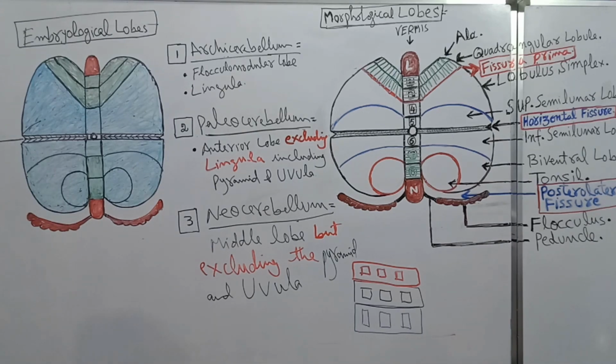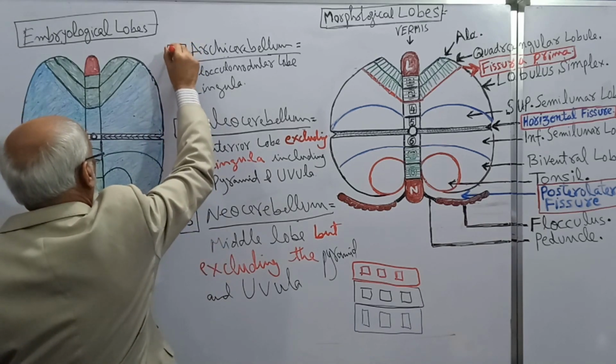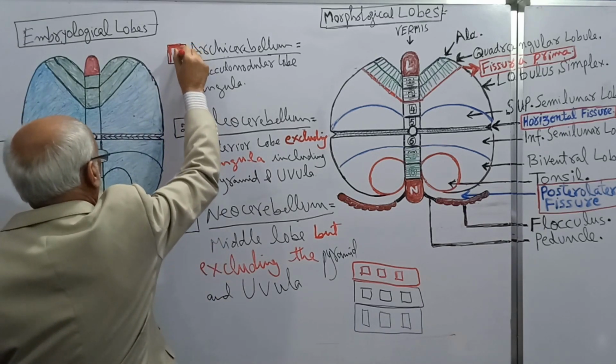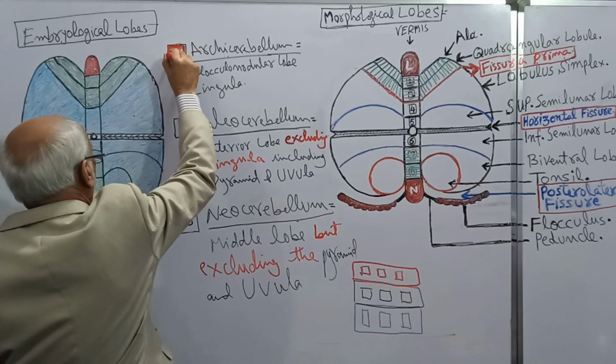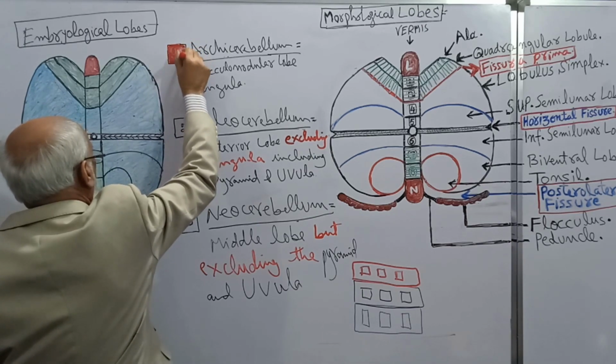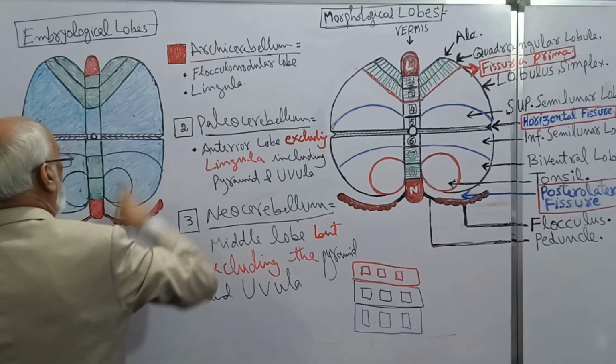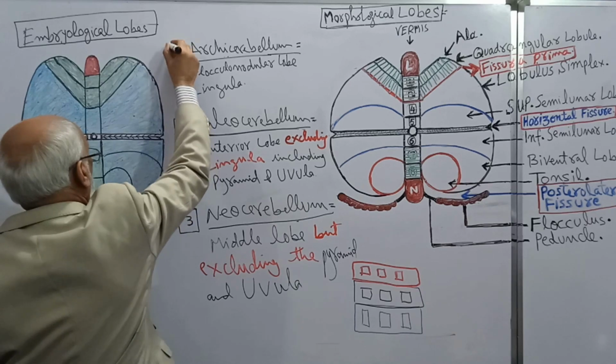So you can see the red color parts are parts of the archicerebellum. Number one, the flocculonodular lobe and lingula of the vermis.